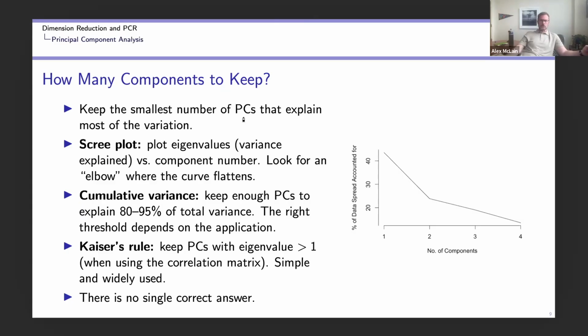What we want to do is explain most of the variation in the data given a particular number of principal components. The scree plot usually plots the percent of data accounted for by the principal components.